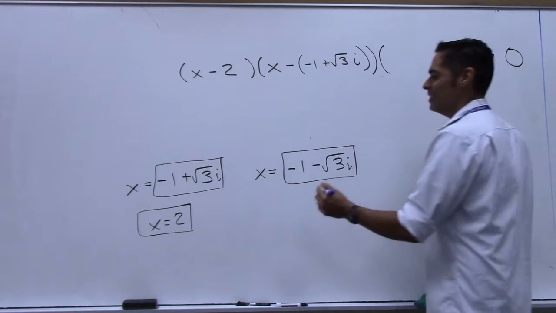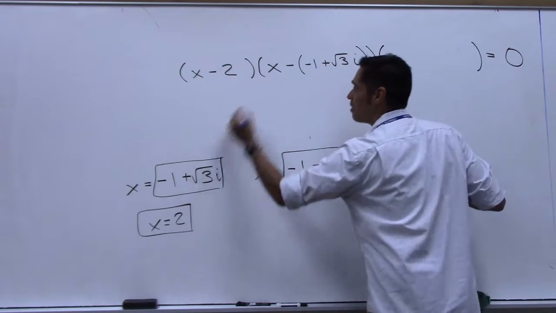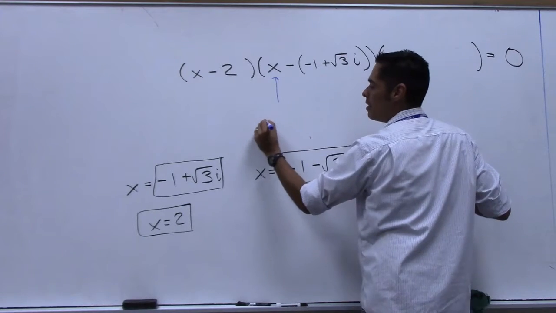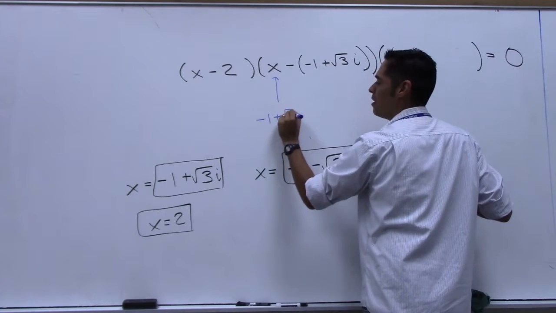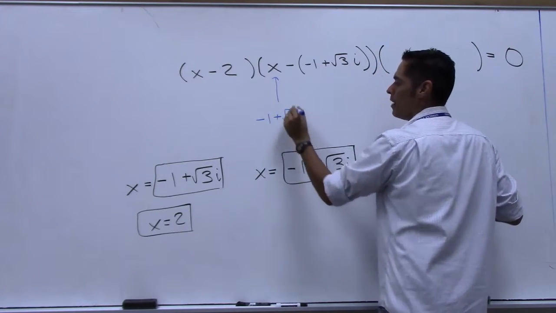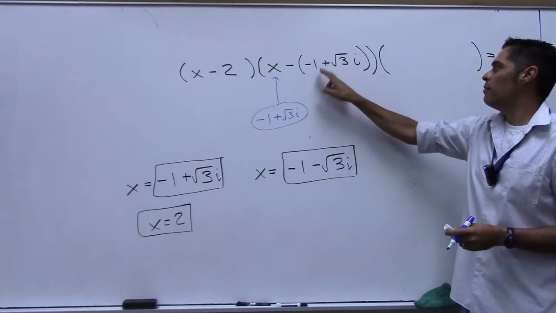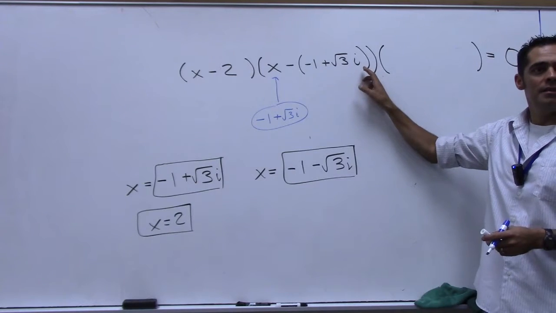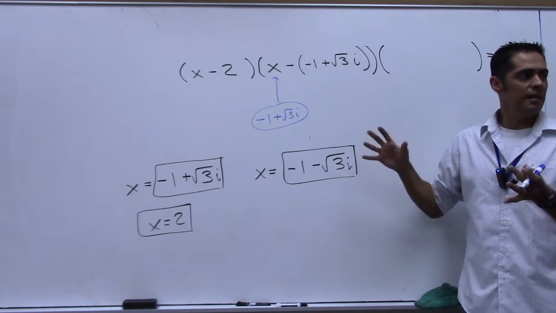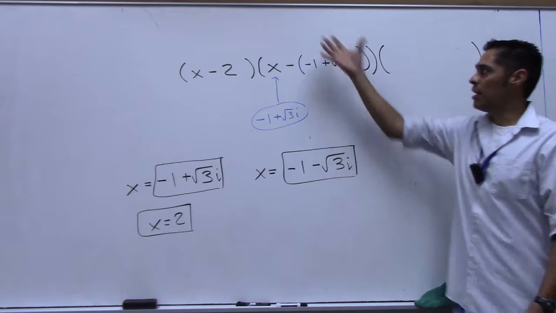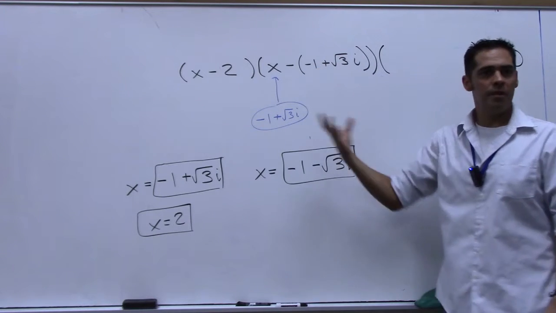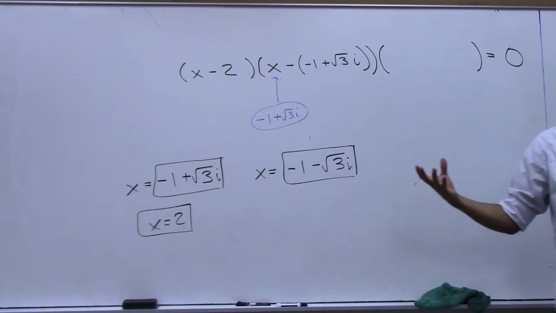Do y'all see that if I take this right here, -1 plus root 3i, and plug it in, then I subtract -1 plus root 3i, they cancel each other out? Exactly. And you get a 0 here, wouldn't you? And that's what we were saying. We were looking for the zeros.